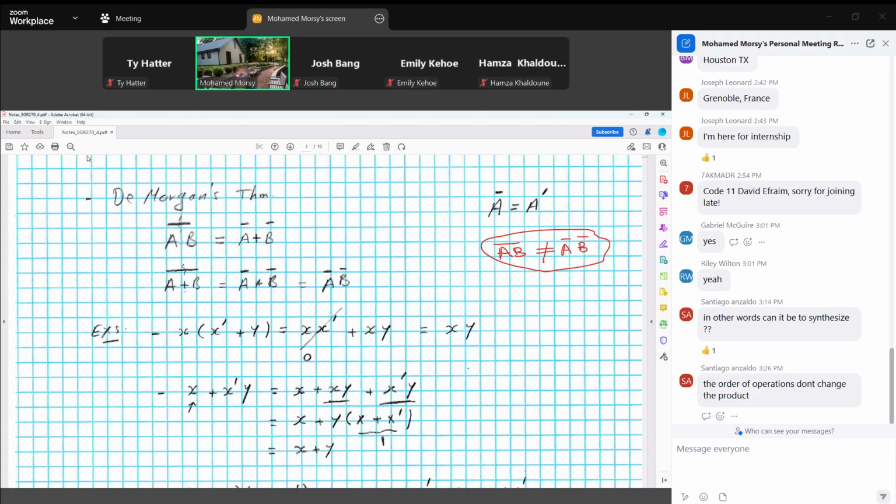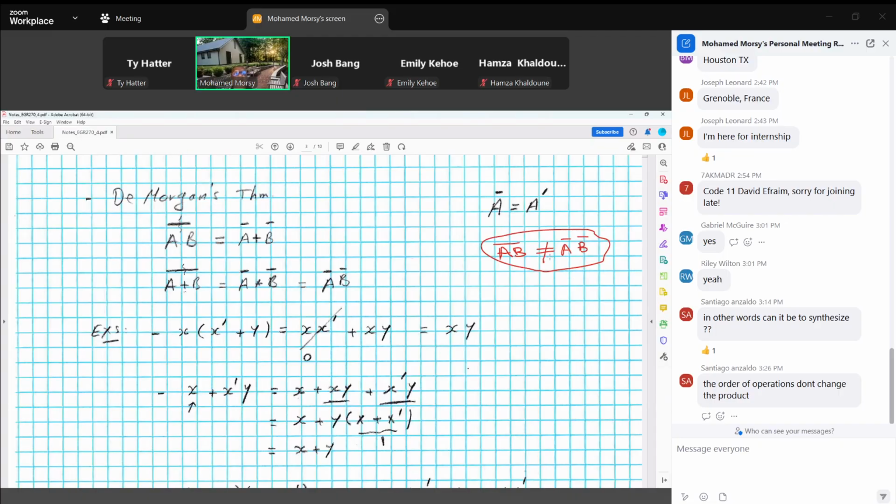(AB) total inverted, like what? For example, if A is 1 and B is 0. So (AB) inverted means you multiply A times B, which is 0, then take the inverse, which is 1.